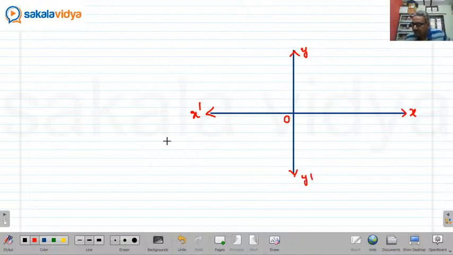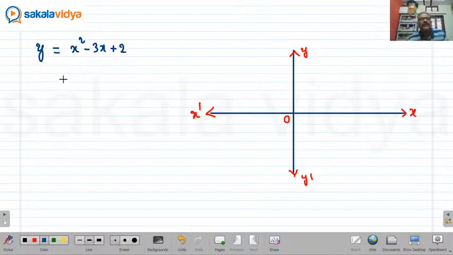Now take y equals x square minus 3x plus 2.